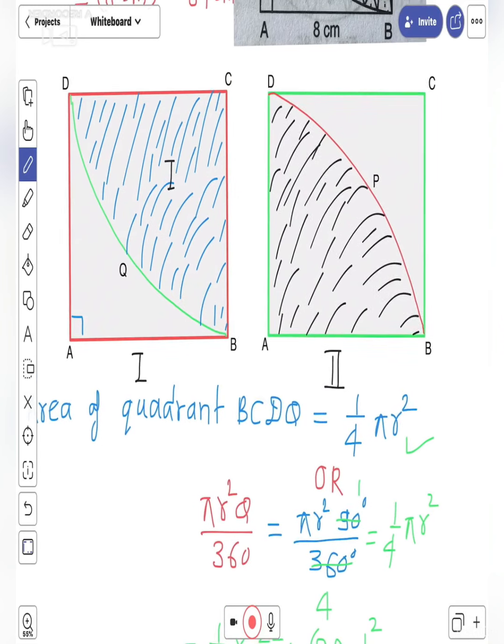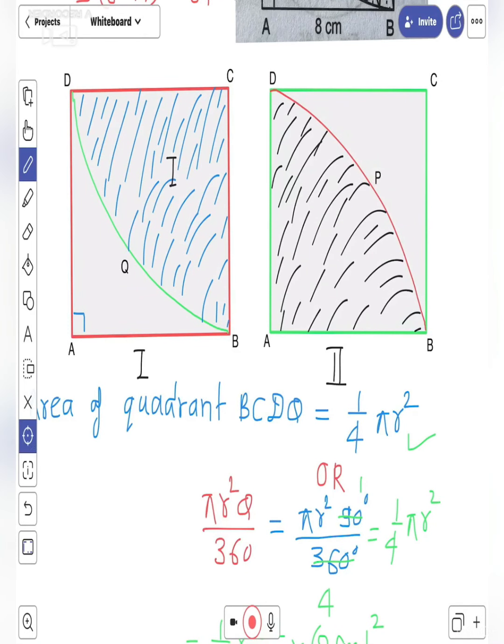Now moving to the next quadrant, that is the area of quadrant ABPD. This is the second quadrant, and here the radius is also once again 8 centimeter. So you will put the area of quadrant ABPD, that is 1/4 pi r square again. So what you will get?